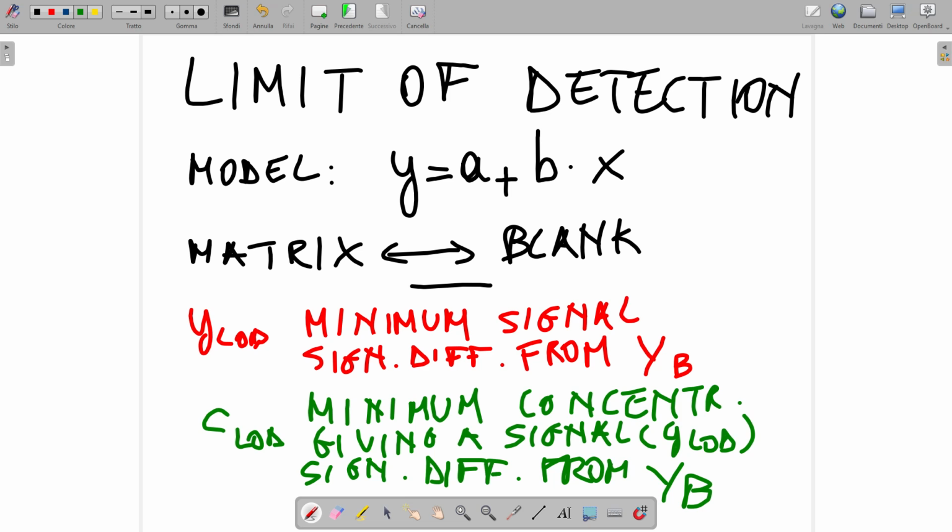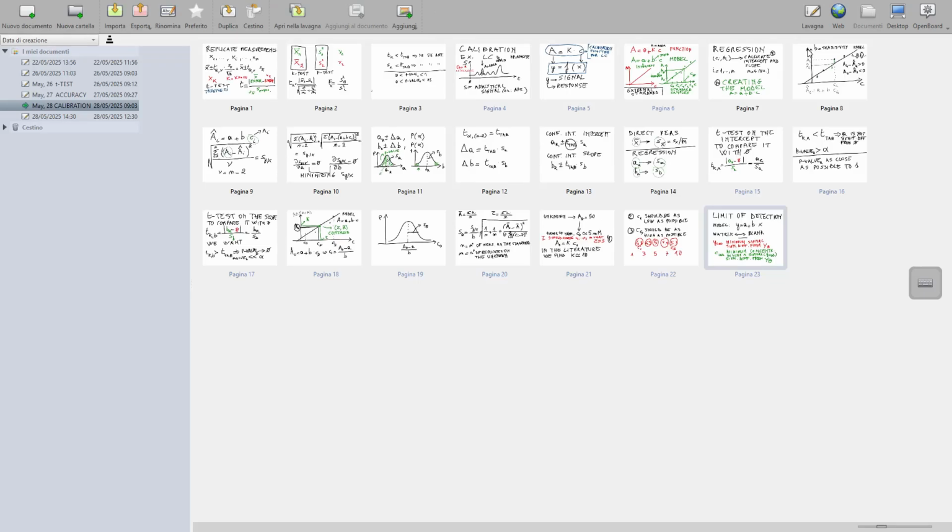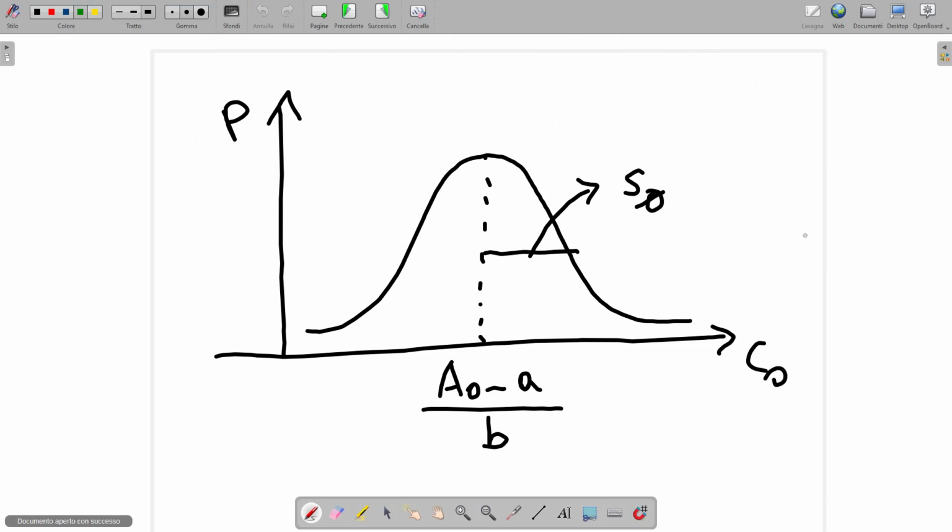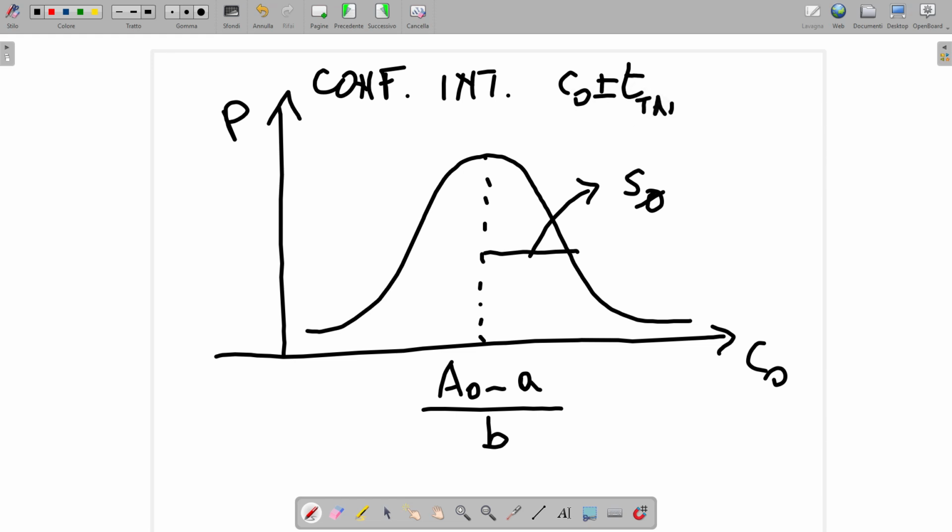I think that I forgot to write the confidence interval for C0 because I have written this. Of course, the confidence interval for the unknown is C0 plus or minus t tabulated multiplied by S0.